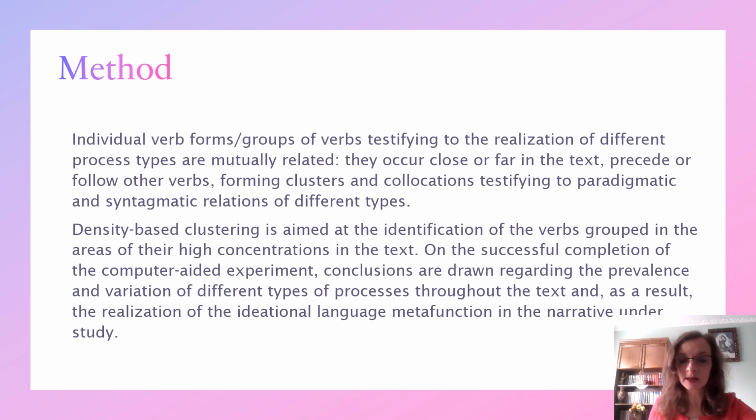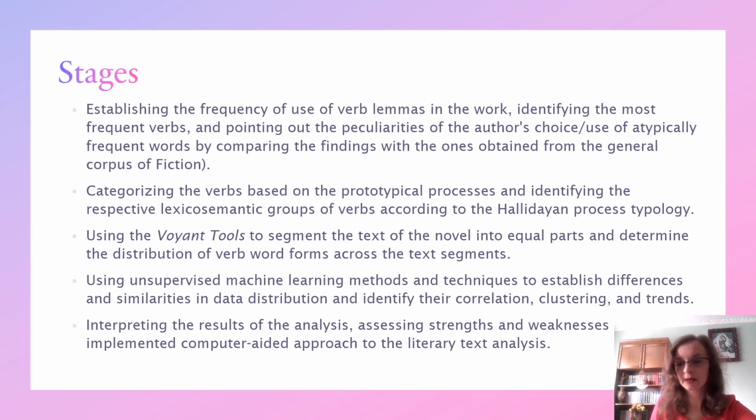Thus, density-based clustering is aimed at the identification of the verbs grouped in the areas of their high concentration in the text. On the successful completion of our experiment, conclusions are drawn regarding the prevalence and variation of different types of processes throughout the body of the text, and as a result, regarding the realization of the ideational metafunction in the novel under study.